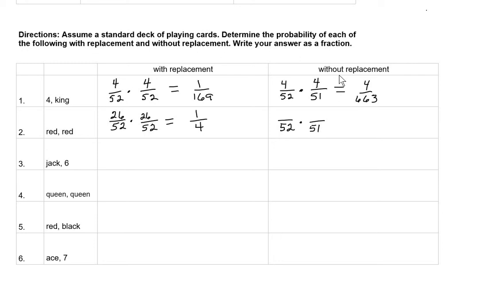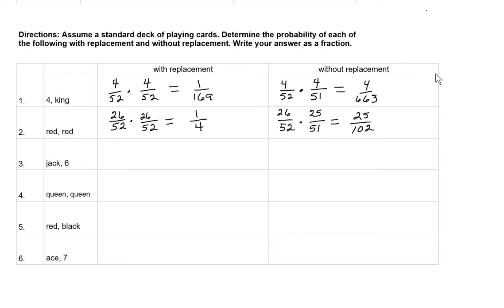The probability of getting a red card is 26 out of 52. Now I have to pretend I got a red, so now there's only 25 reds. And when I multiply those together, I get 25 out of 102. Okay. So that's basically all there is to it with these problems.